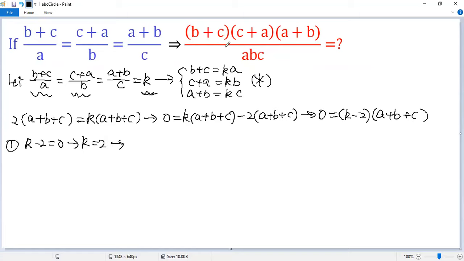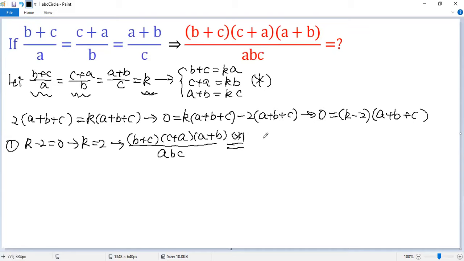So we can figure out the value for the target expression. (b plus c) times (c plus a) times (a plus b) over abc equals, look at that, b plus c according to star, we get ka, right?